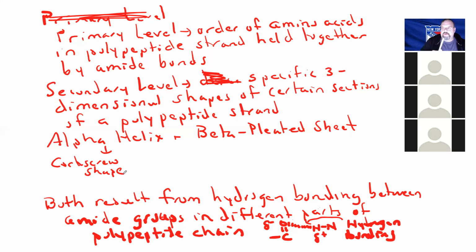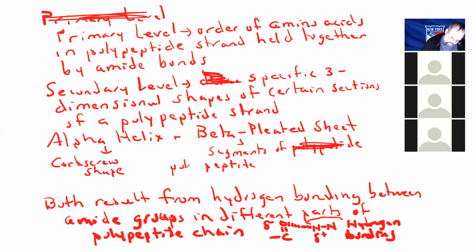So it sort of spirals around, like if you put a corkscrew into a wine bottle. And in the beta pleated sheet, segments of the polypeptide chain run side by side.